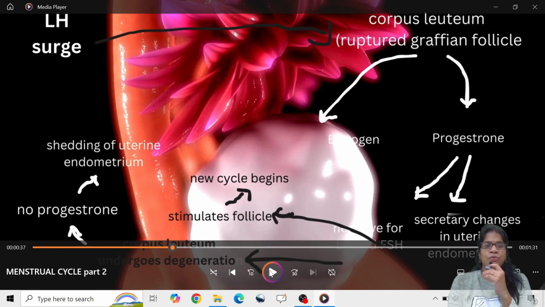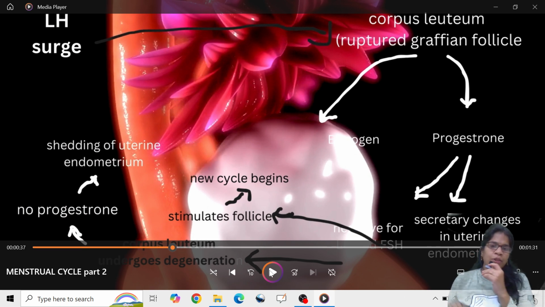Okay, in this class let's talk about the second part of your menstrual cycle, the second phase, right? I told you the LH surge increases the formation of your corpus luteum. What is actually the corpus luteum? I told you the Graafian follicle gets ruptured at the 14th day. It could be the 13th or 12th, depending upon the girl's cycle. When the Graafian follicle is ruptured, the corpus luteum is released.